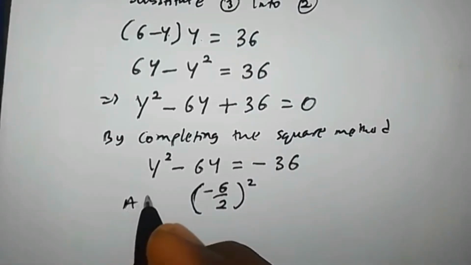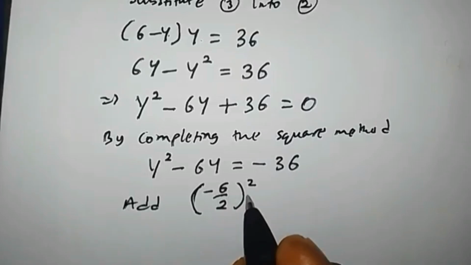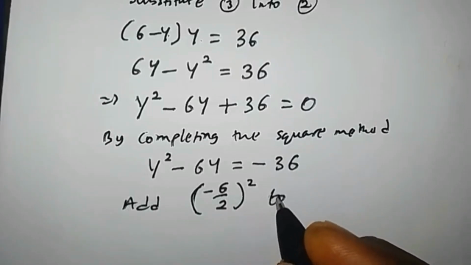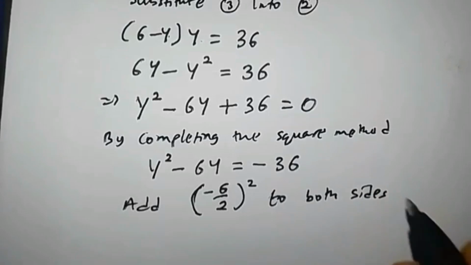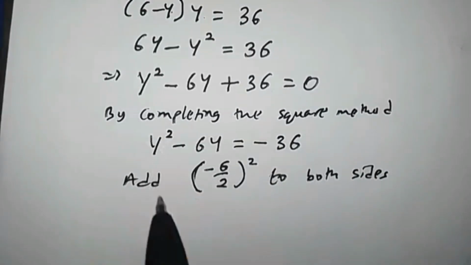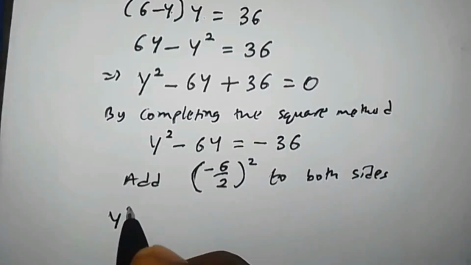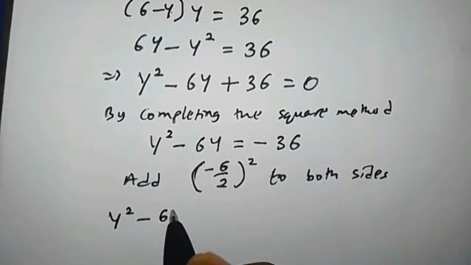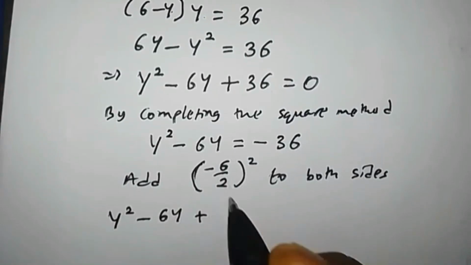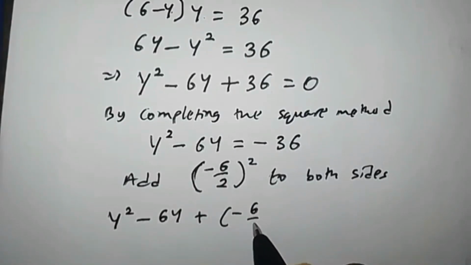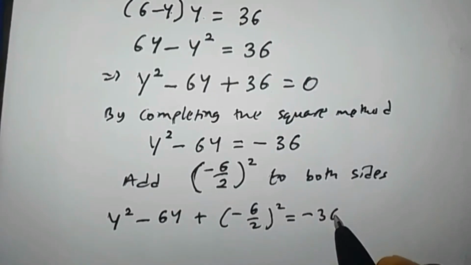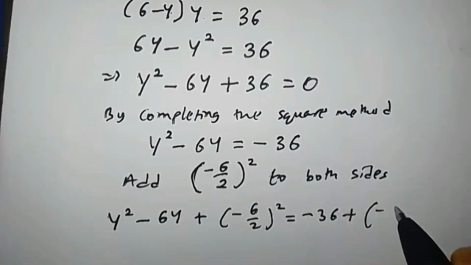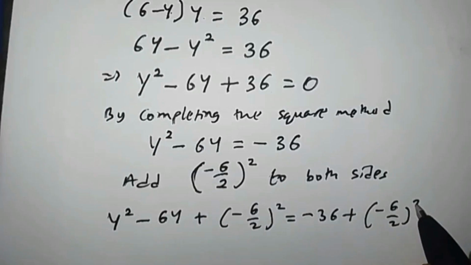So add minus 6 over 2 all squared to both sides. So from here we have y squared minus 6y plus minus 6 divided by 2 all squared equals minus 36 plus minus 6 divided by 2 all squared.